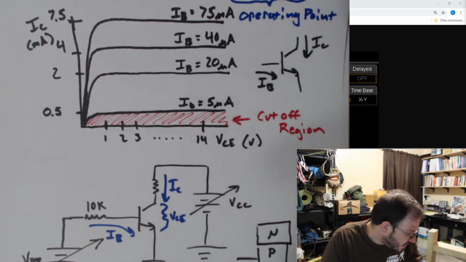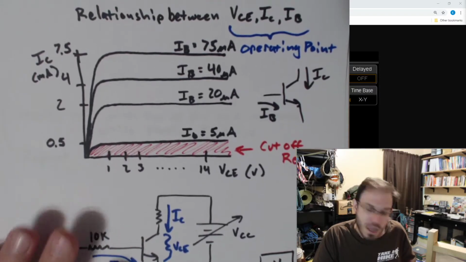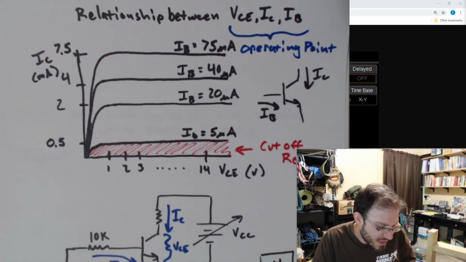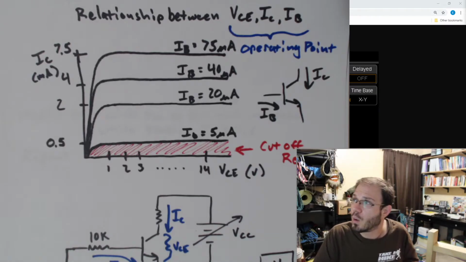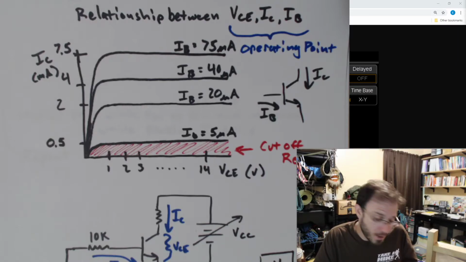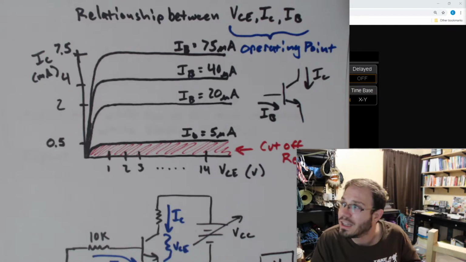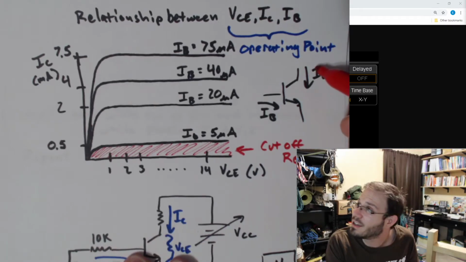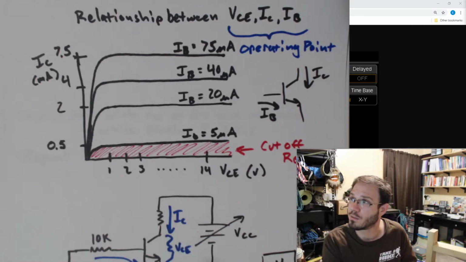The other extreme is where our transistor is within its saturation region. So you are giving it enough base current such that it is no longer limiting the collector current through the device. It's behaving as closed of a switch as possible.